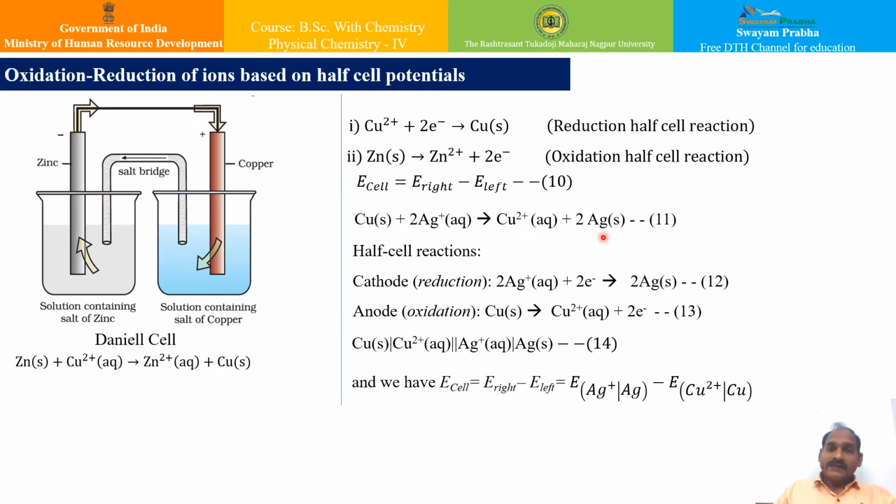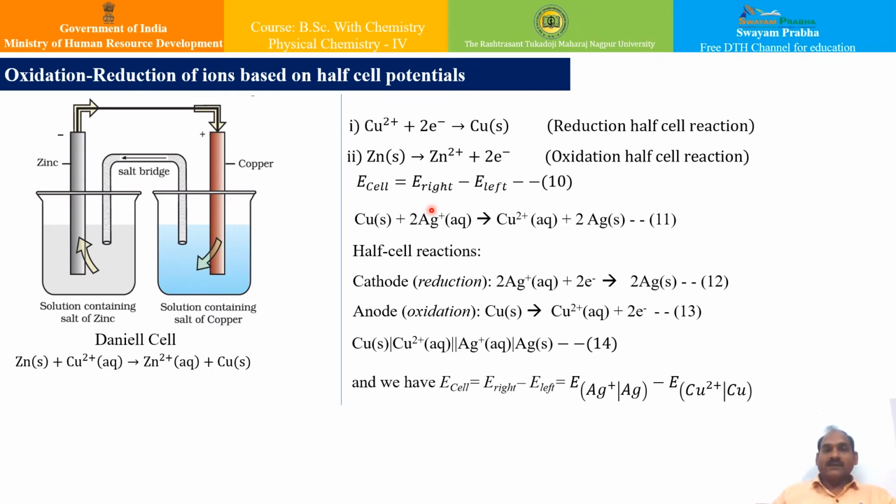So it can be seen that the sum of the single half cell reactions at the cathode and anode leads to the overall reaction, and that overall reaction can be represented in this section, that is given by equation 11.